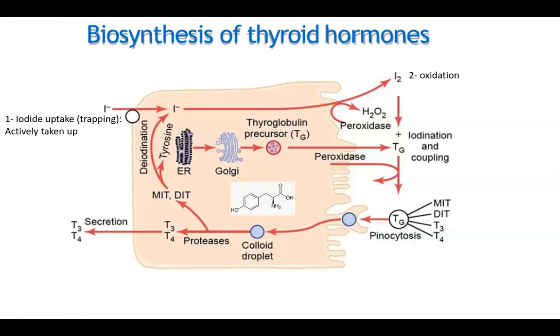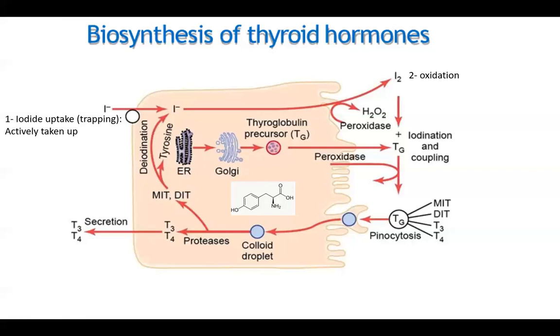Iodination can add one iodine, giving monoiodotyrosine, or two, giving diiodotyrosine. What's the next step, and through what enzyme? The same enzyme. This enzyme is important, and we are interested in this enzyme.